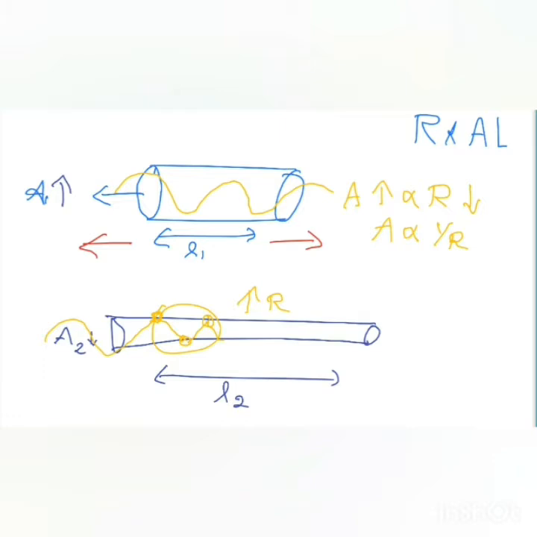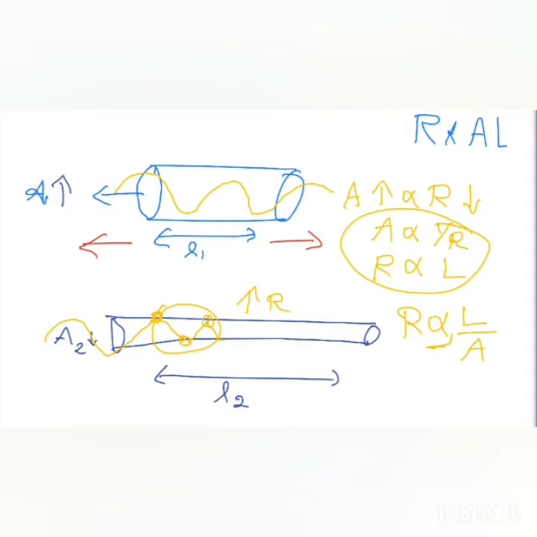Whereas here, the length is less. When the length increases, the resistance also increases. So we can write that the resistance is proportional to length. Taking this together, resistance is proportional to length and inversely proportional to area.